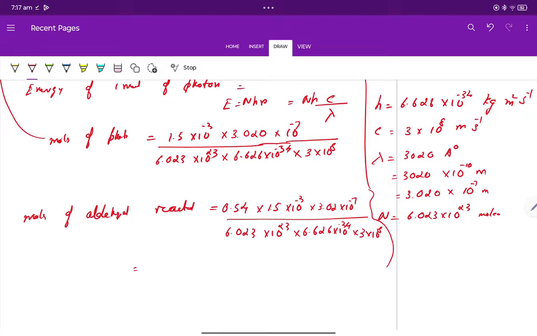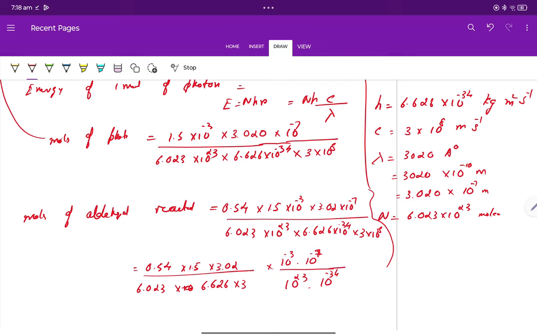It is always better to calculate the exponentials separately. So you can separate it: 0.54 into 1.5 into 3.02 divided by 6.023 into 6.626 into 3, and the exponent part is 10 to the power of minus 3, 10 to the power of minus 7, divided by 10 to the power of 23 into 10 to the power of minus 34 into 10 to the power of 8.